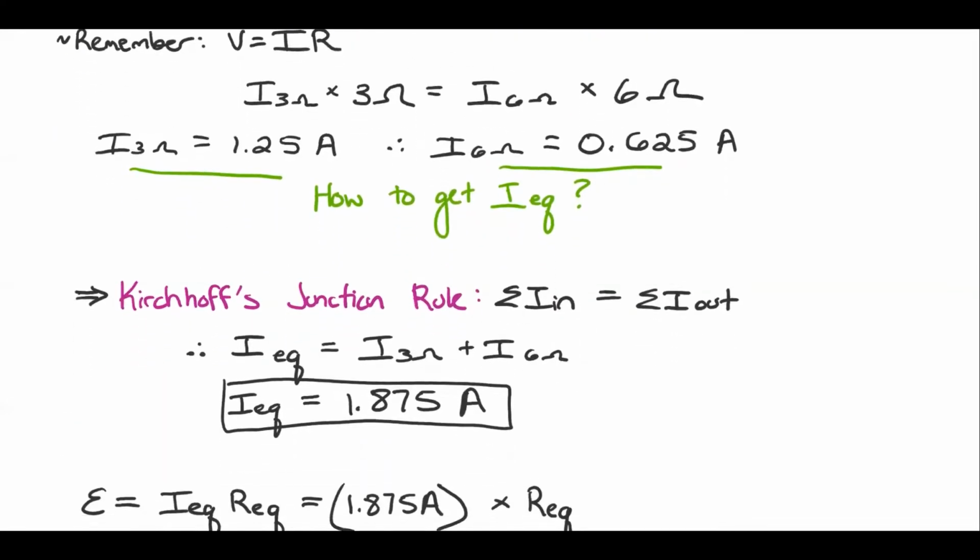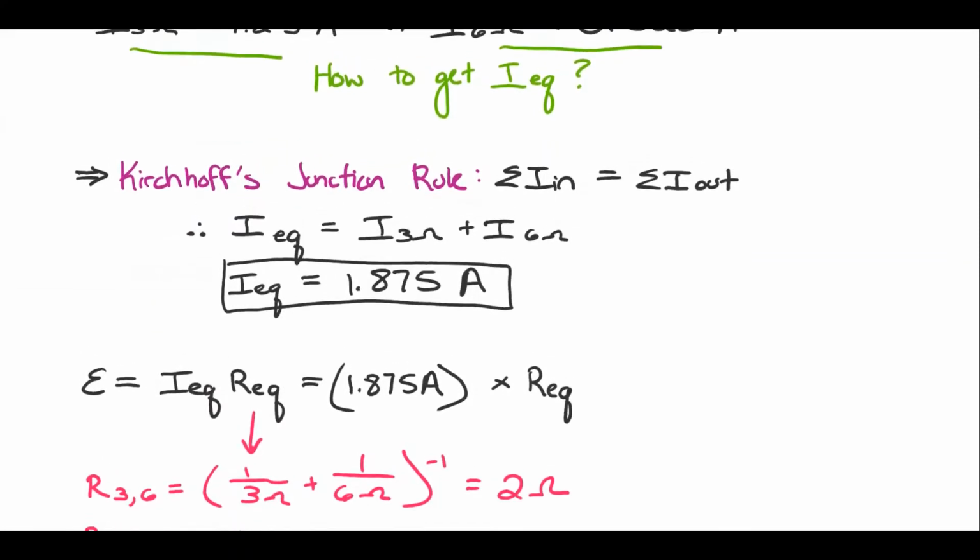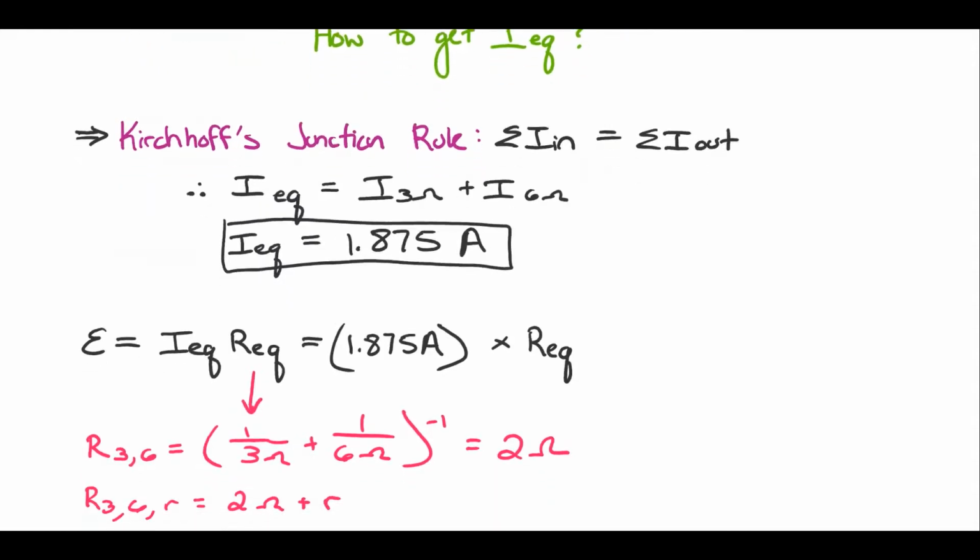In order to combine these, we take the reciprocal of the 3 and 6, add those and take the reciprocal again to get 2 ohms as the combined resistor of 3 and 6. Then we simply just add that mega resistor to our little resistor because those again are in series.